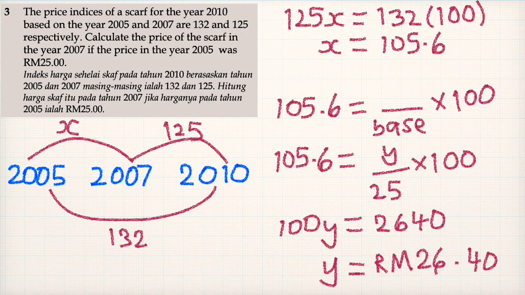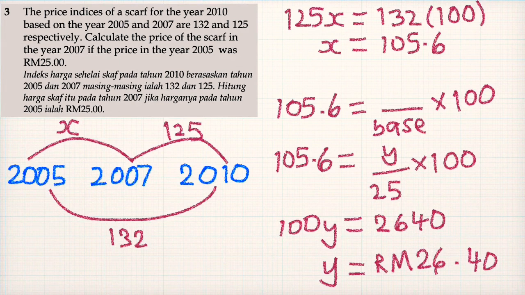Alright, the last question, number 3. The price indices of a scarf for the year 2010 based on the years 2005 and 2007. So 2010 based on 2005 is 132. If you list all the years, 2005, 2007, 2010, then 2010 based on 2005 will be the longer leap, which is 132.